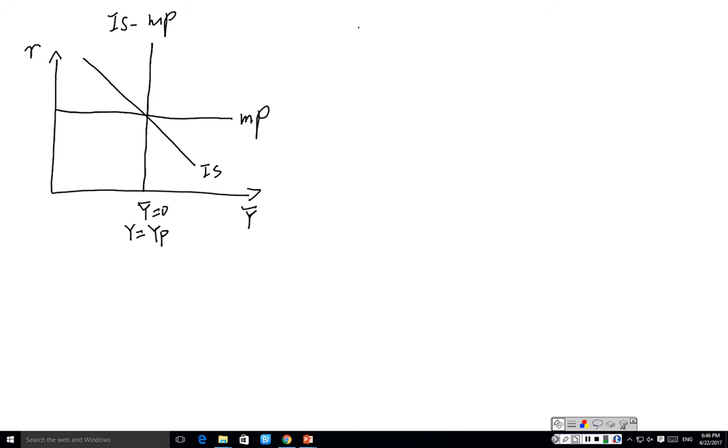For this curve, I would like you again to quickly review. The IS curve shows the equilibrium in the output market, or goods market.